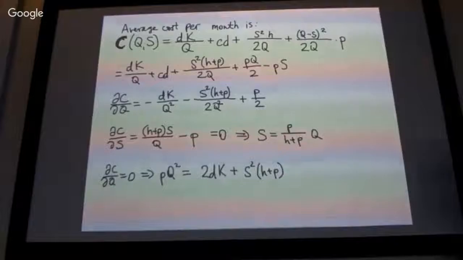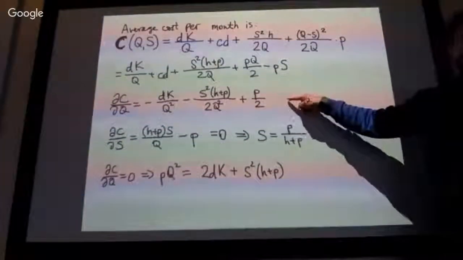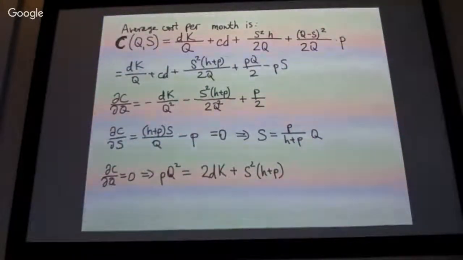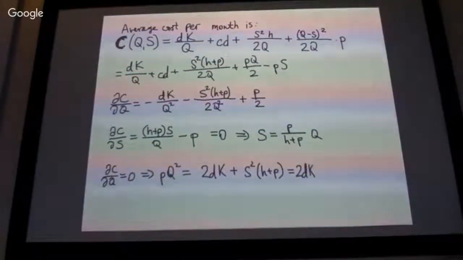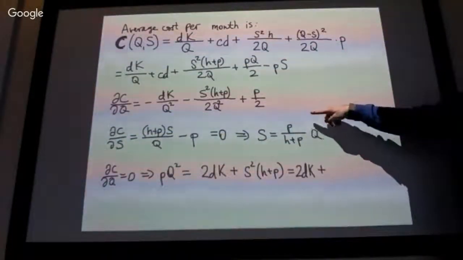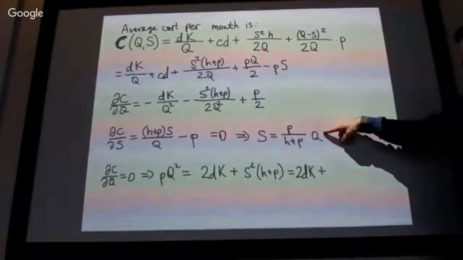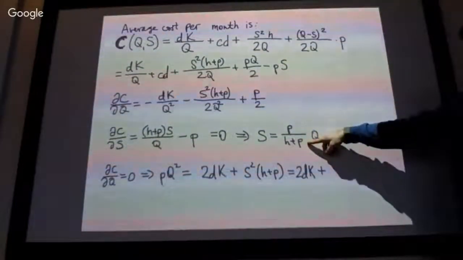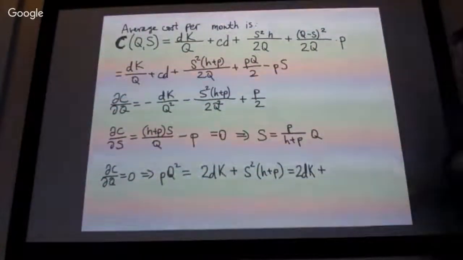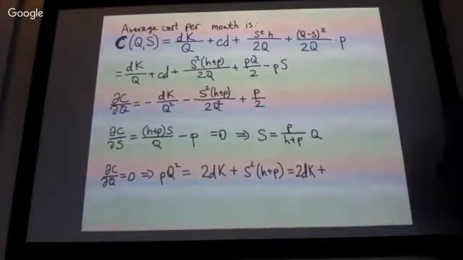And this comes from putting this to 0 and multiplying by q squared. And this continues because now I can plug in 2dk plus s squared, which is this squared. So I get p squared times q squared divided by h plus p squared, but h plus p squared cancels with one h plus p, so I only get over h plus p.